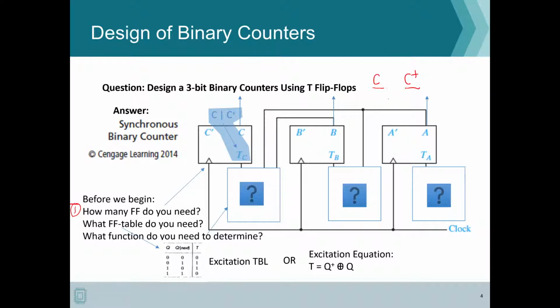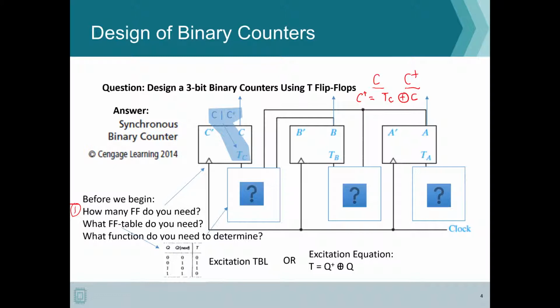Then we basically try to use our next state equation. So our next state equation for the T flip-flop is C+ equals T of C XOR C.